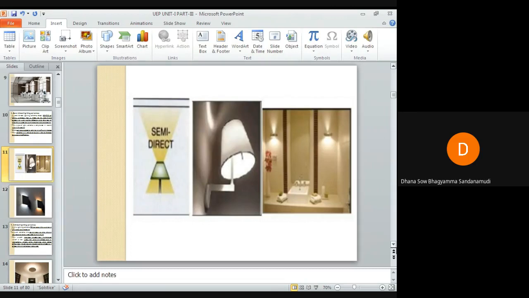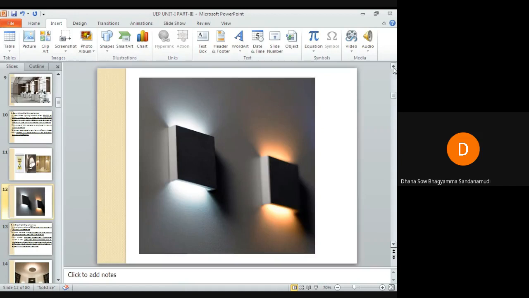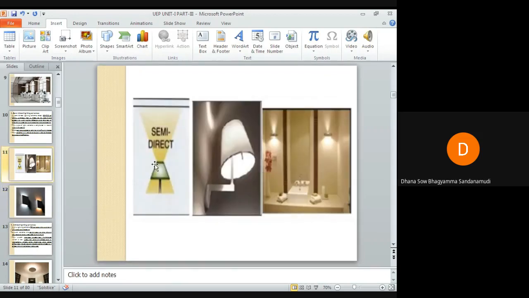So in this image, if you observe, 60% to 90% is directed downward, and the remaining 40% to 10% is directed upward. So this is the best example. If you see the second image, 60% of the lighting is directed downward, and 40% to 10% is directed upward.